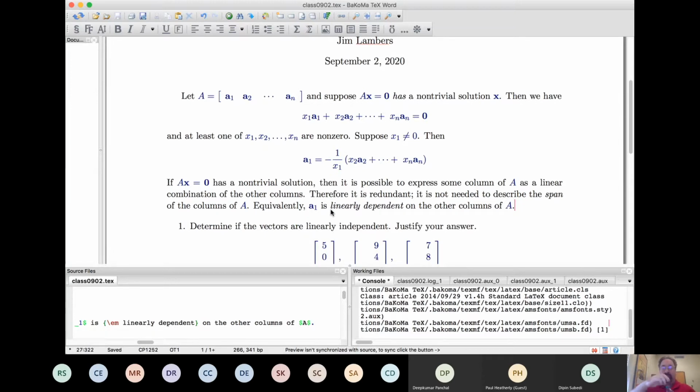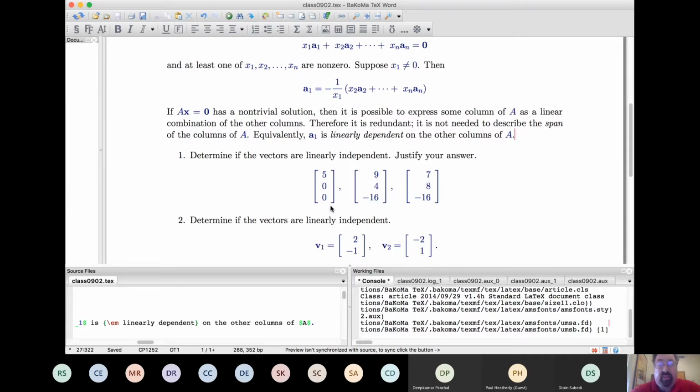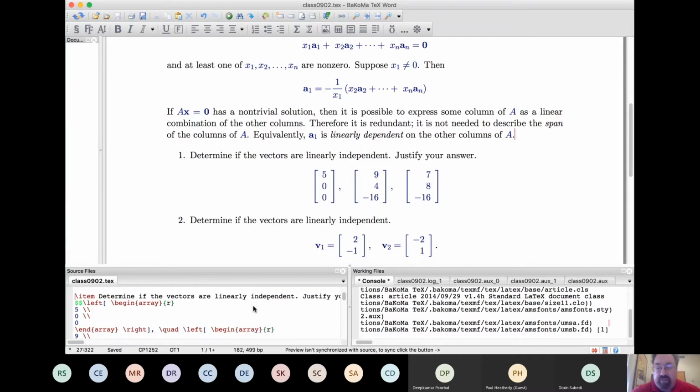All right. So this is what motivates the concept of linear independence. That's what I'm going to focus on in these problems here. So here we have three vectors, and it's asking to determine if they are linearly independent. So now I can give a formal definition.